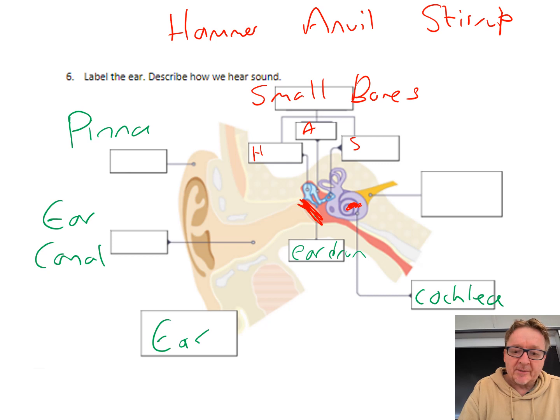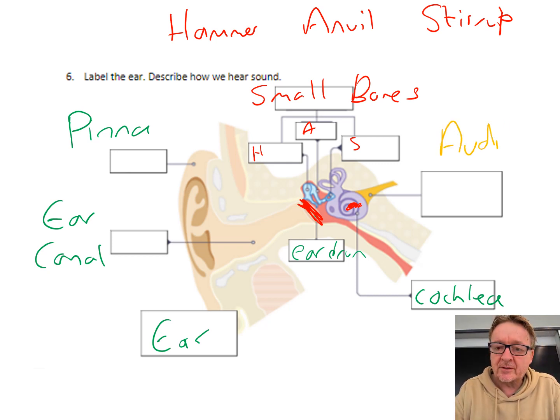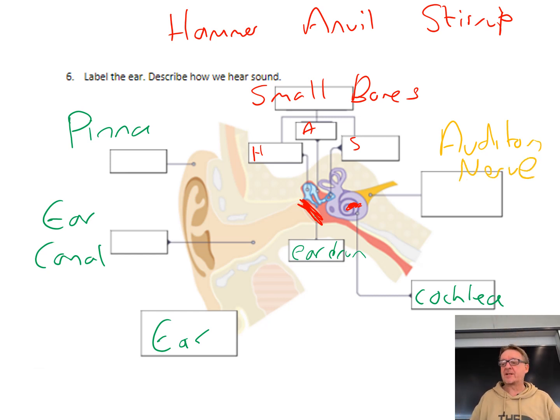And that yellow bit coming out there, I'm going to do it in yellow as well, is the auditory nerve, which then takes the information from your ears to the rest of it. Now, your cochlea, and it's a fact, I'll just mention it now, those three little loops there are also your balance, which is dead cool.